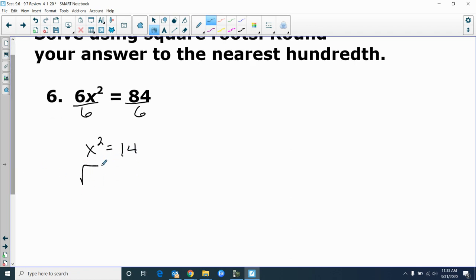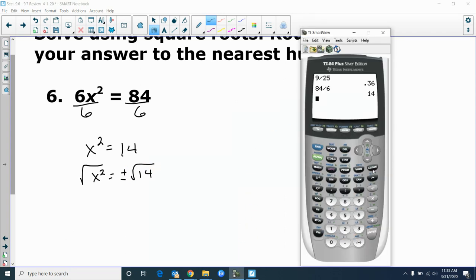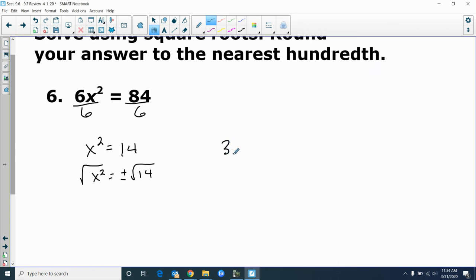Now take the square root of 14. Now it says the nearest hundredth, which would be 2 decimal places. So what was that? 3.74165.